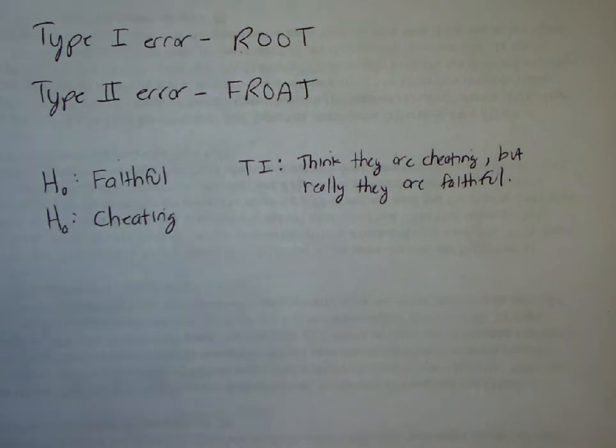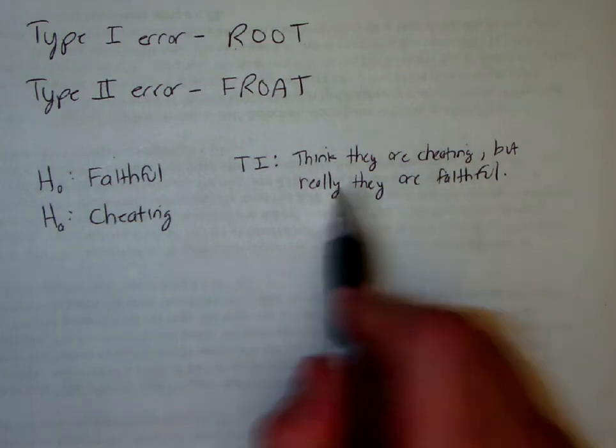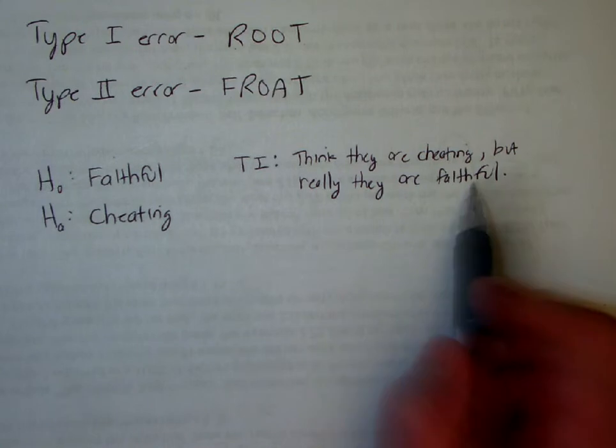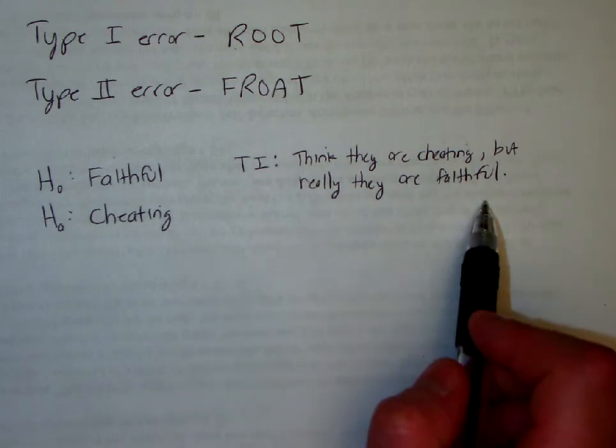And the problem with that is you'd be breaking up with someone that you think's cheating on you when in fact they haven't done anything wrong at all. They were completely faithful to you. So maybe you're throwing a good relationship to the side, and giving up on someone that is worth keeping because they are in fact a faithful person and you had a good relationship going all along. So that would be the consequences of a type 1 error.